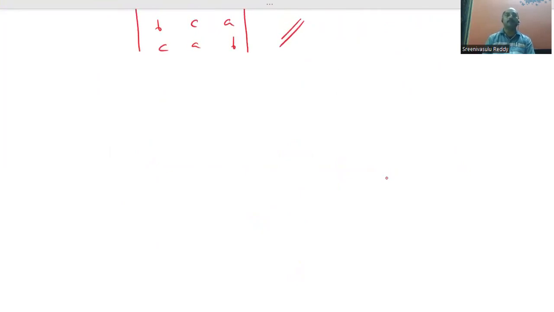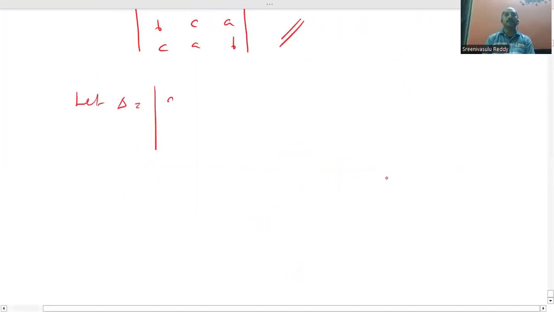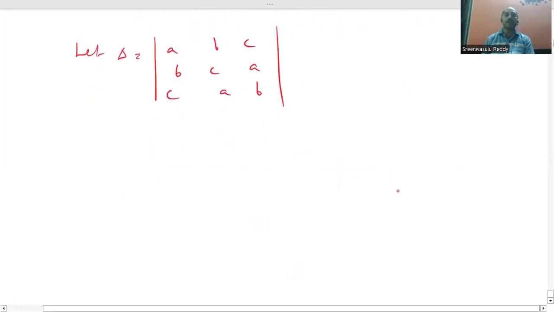Now we want to expand. Let delta equal to ABC, BCA, CAB. We need delta square. Evaluate this det value. As your wish, it is better to apply Laplace expansion.